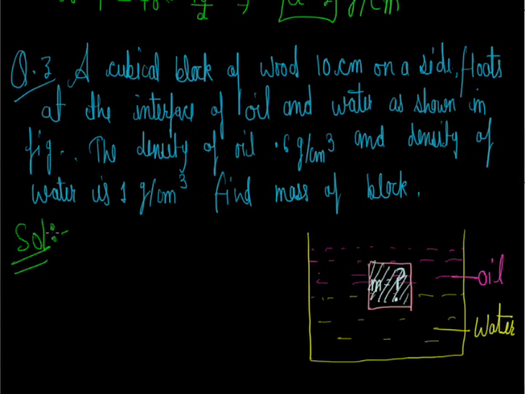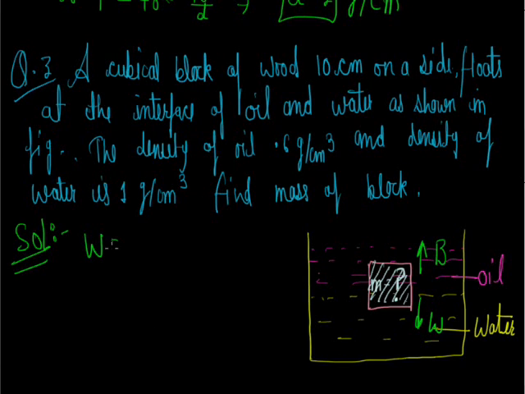Now solution. As it is given, the block is floating in the oil and water, and the density of oil is 0.6 gram per centimeter cube, while the density of water is 1 gram per centimeter cube. As we know, if it is floating, the net force acting on the block will be 0, meaning the downward force, which is weight, and the upward force, which is buoyant force, will be equal.